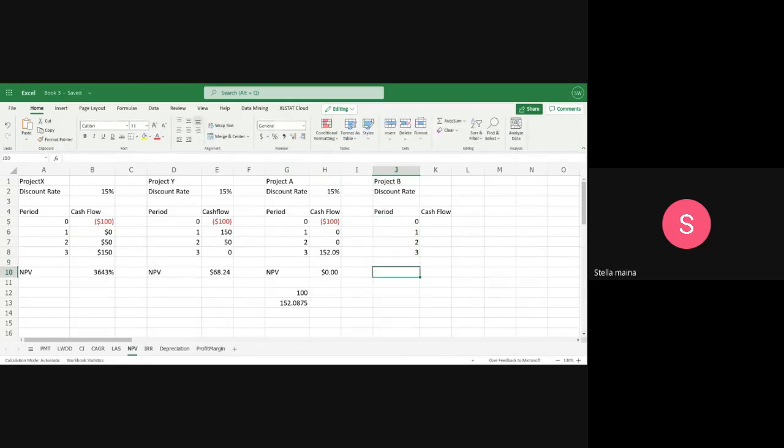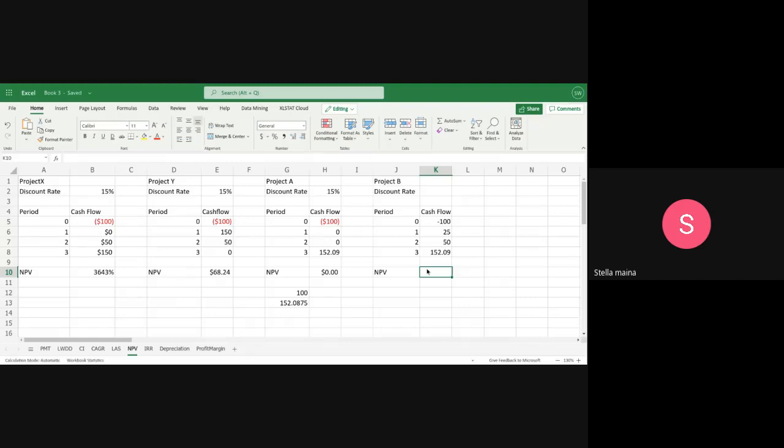And then now we have the NPV. So we have 100. The first cash flow can be 25, the second can be 50, and the third one can be 152.09, what we had before.